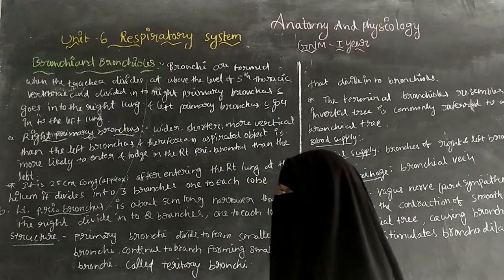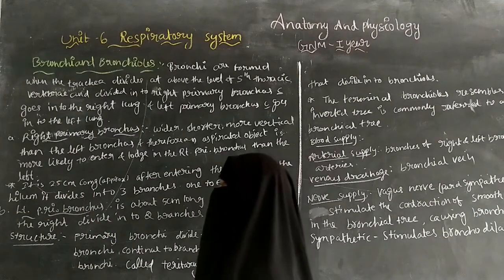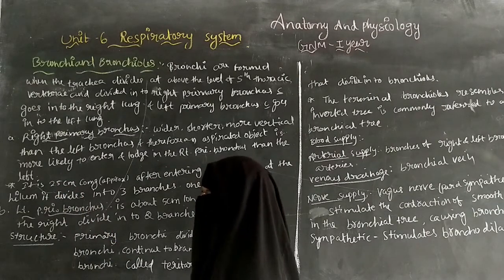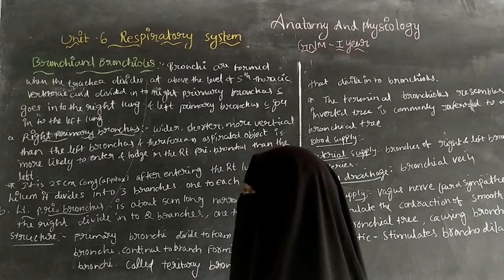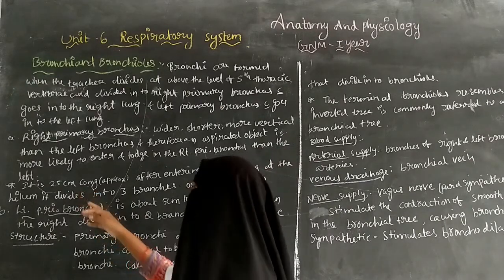The right primary bronchus is approximately 2.5 centimeters long.